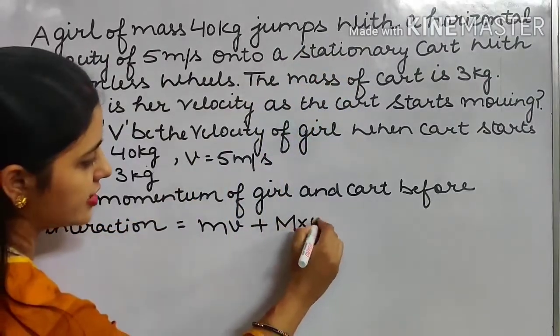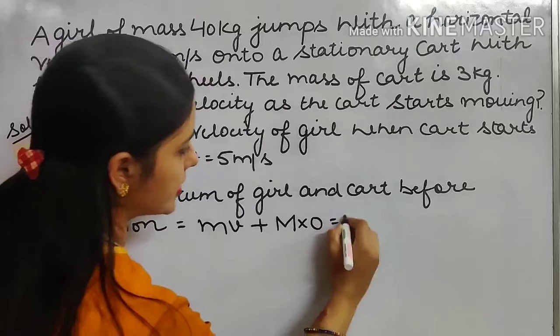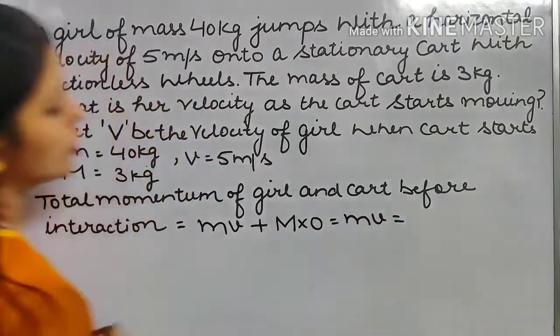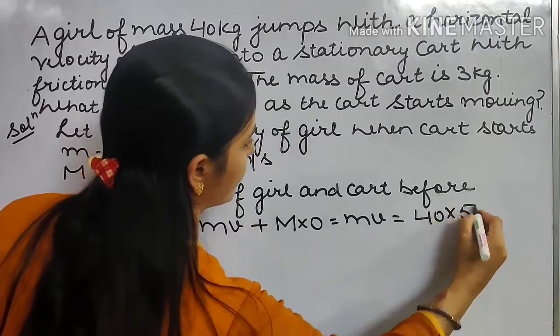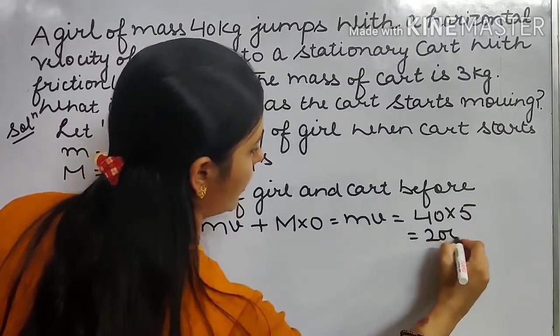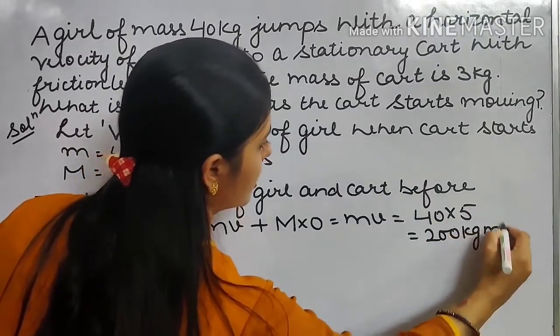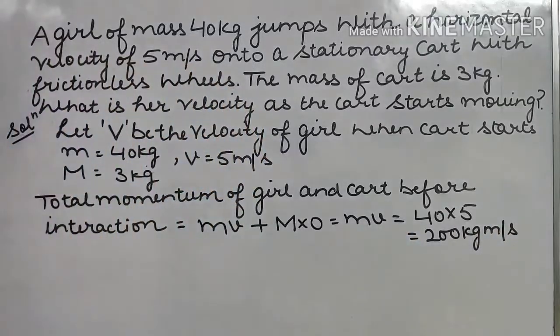So here I am writing 0. That is mv. You can put values here. 40 multiplied by 5. That is 200 kg meters per second.